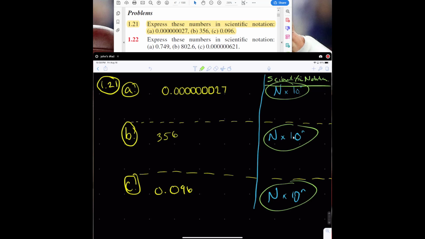So we're going to convert these numbers here. There's certain rules to this. N can't be higher than 10. It actually can't be 10. It needs to be less than 10.